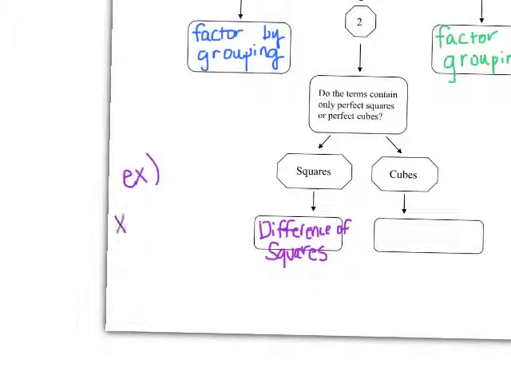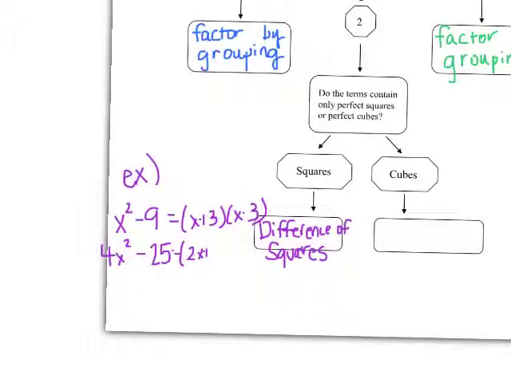So x squared minus 9. So I call this the difference of squares because this is a perfect square. The square root of x squared is x, square root of 9 is 3. So that makes x plus 3, x minus 3. Okay, let's do 4x squared minus 25. So that's 2x plus 5, 2x minus 5.